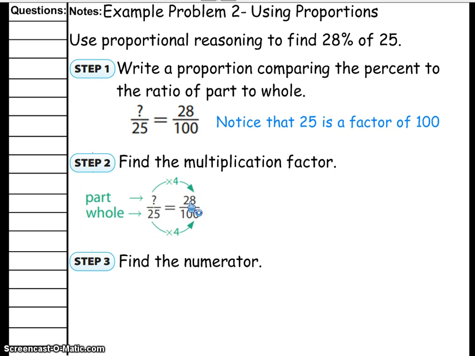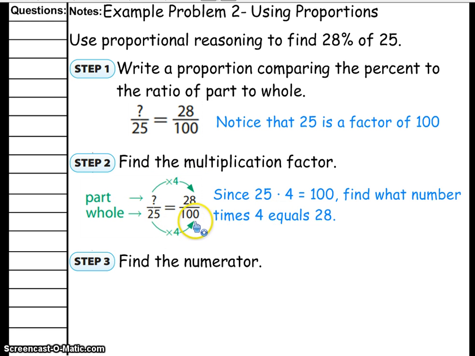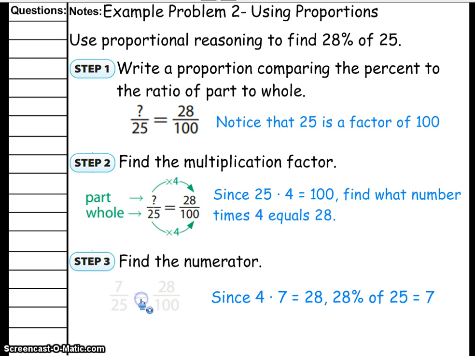So we find what we can multiply 25 by to get 100, which is 4. And what you do to the denominator, you do to the numerator. So since 25 times 4 is 100, find what number times 4 will give us 28. So since 4 times 7 gives us 28, 7 is 28% of 25.